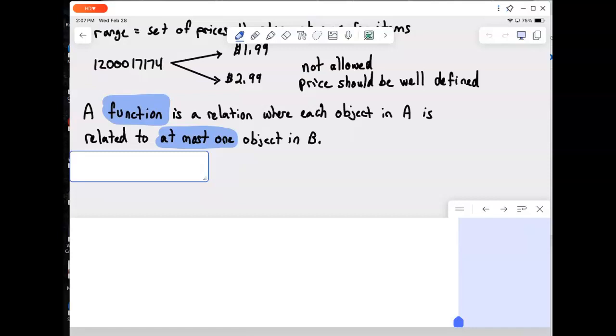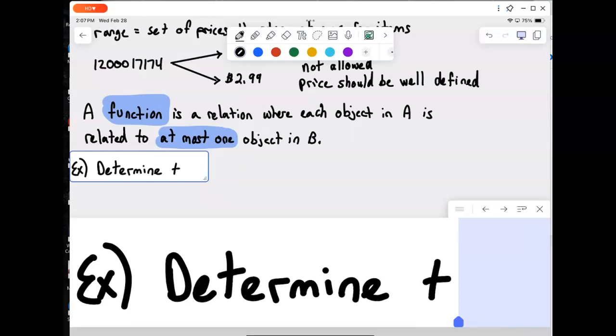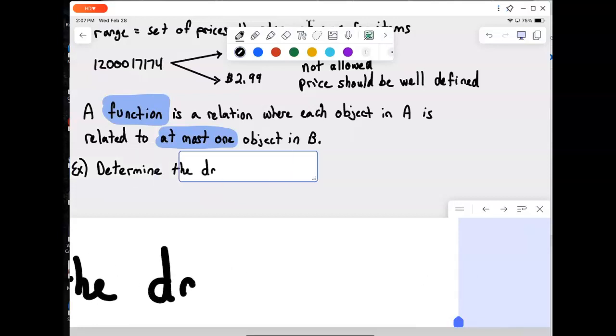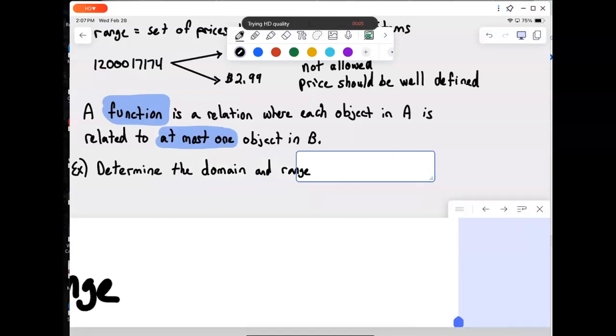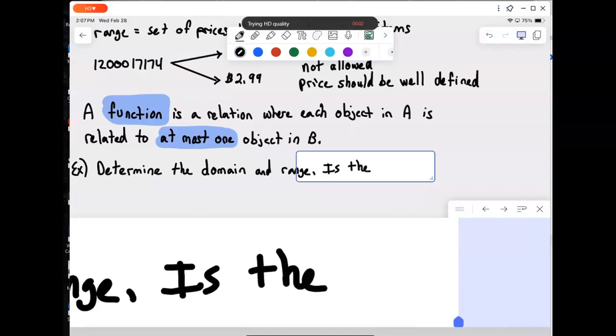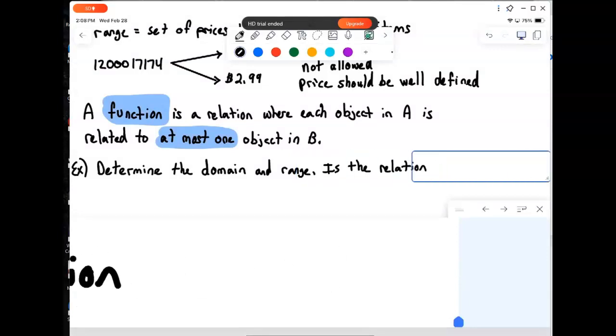Okay, so let's consider some examples here. So we say determine the domain and range, and we're going to decide, is the relation a function?